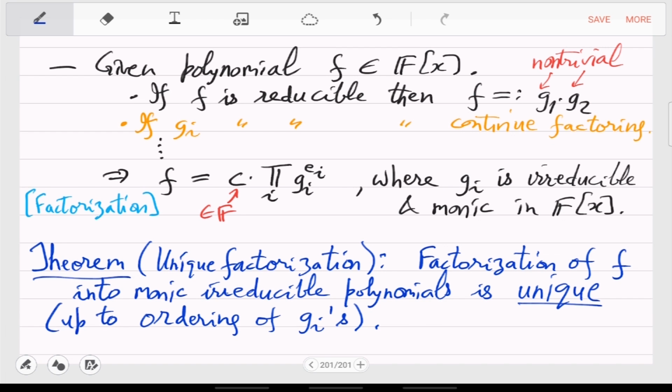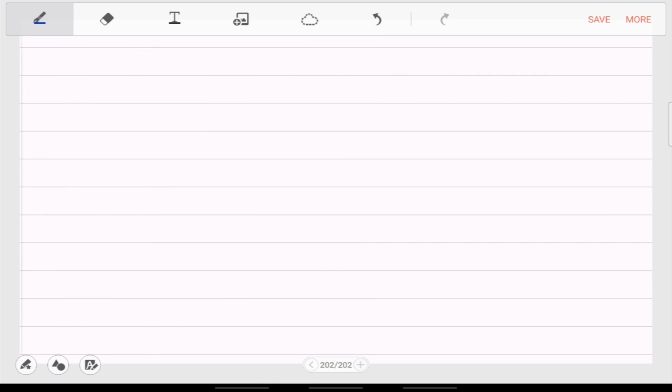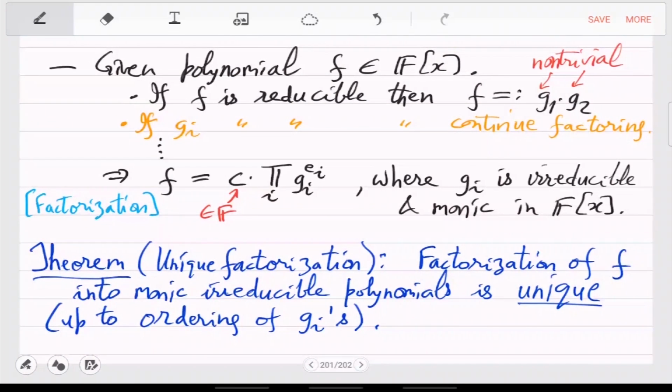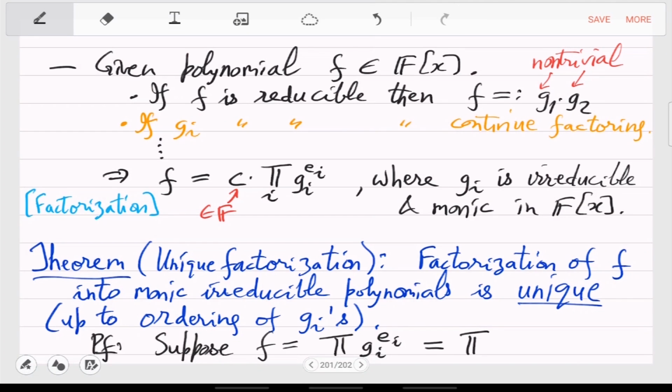The proof of this you have already seen, it's the same proof as in integers. You write F in two ways, with the Gi^ei and the Hi^ei.